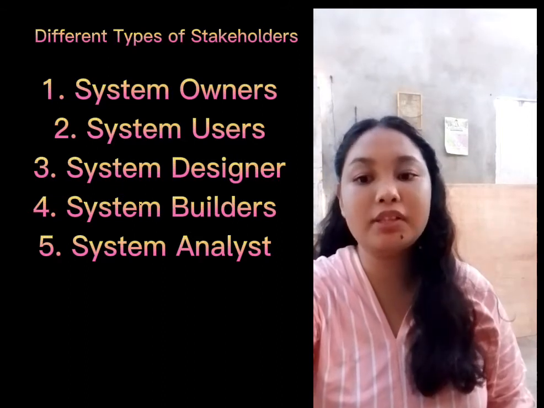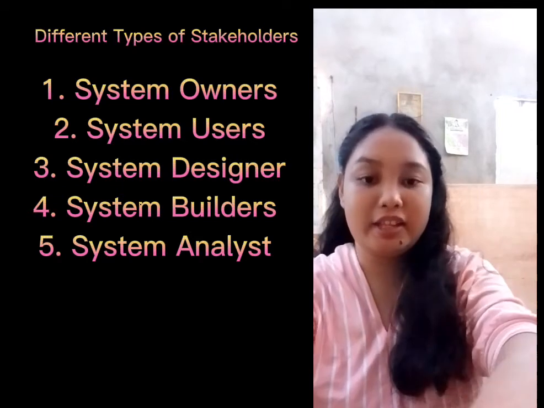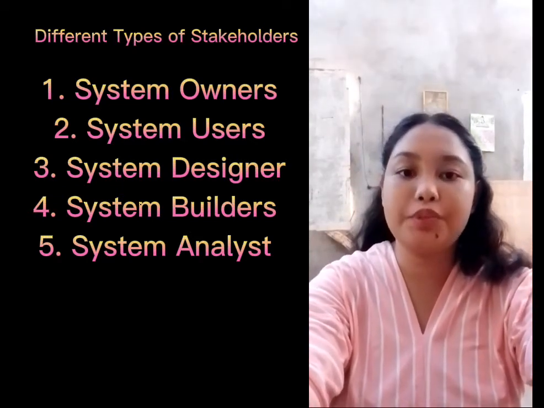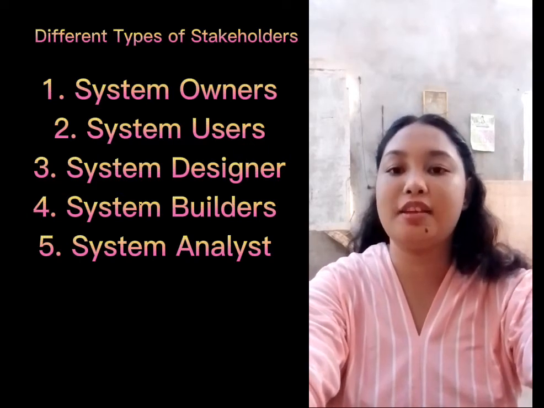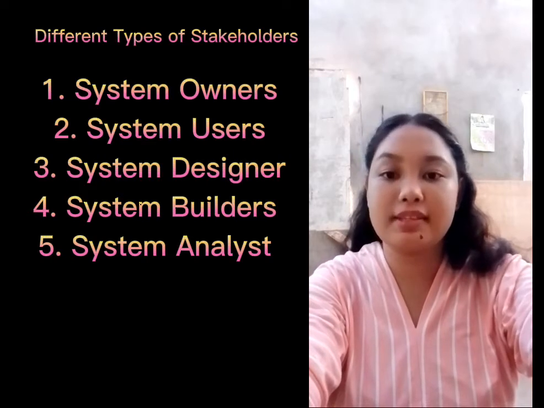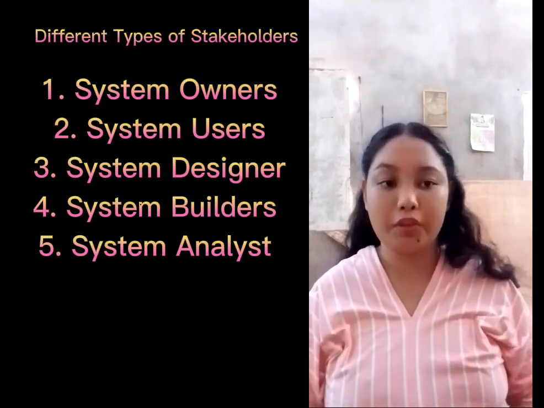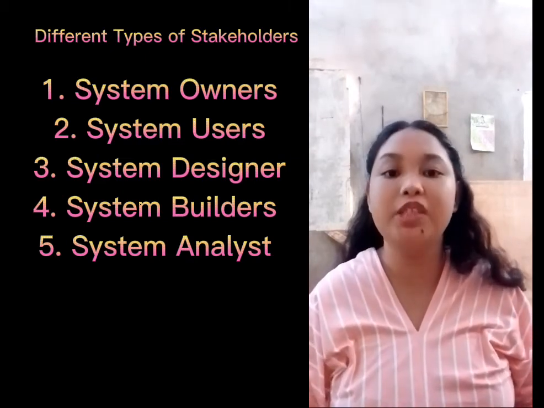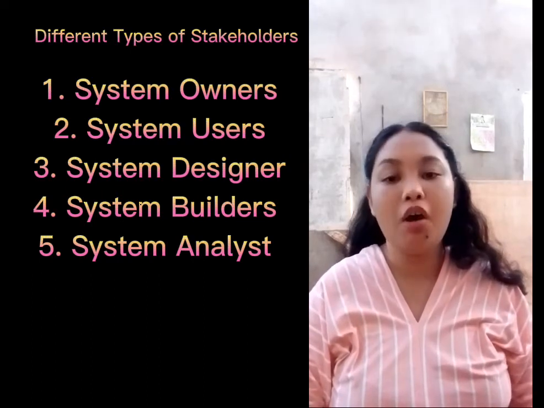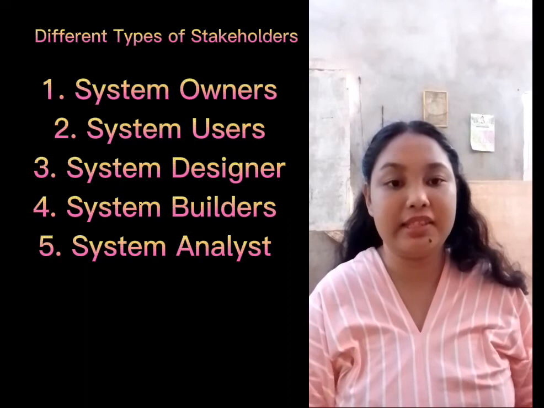For example, the web architect, the graphic artist, and others. The fourth type of stakeholder is the system builder. A system builder is a technical specialist who constructs information systems and components based on the design specifications generated by the system designer. For example, application programmers and system programmers.